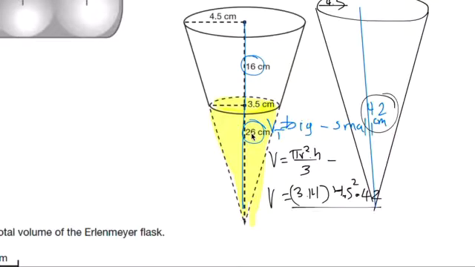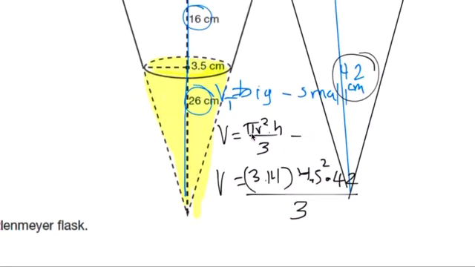And then divide that answer by 3, minus the small cone, which is same formula, 3.14 times the radius, which is the radius of the small cone, right here. The radius of the small cone is this one, 3.5 squared, times the height, which is the 26.